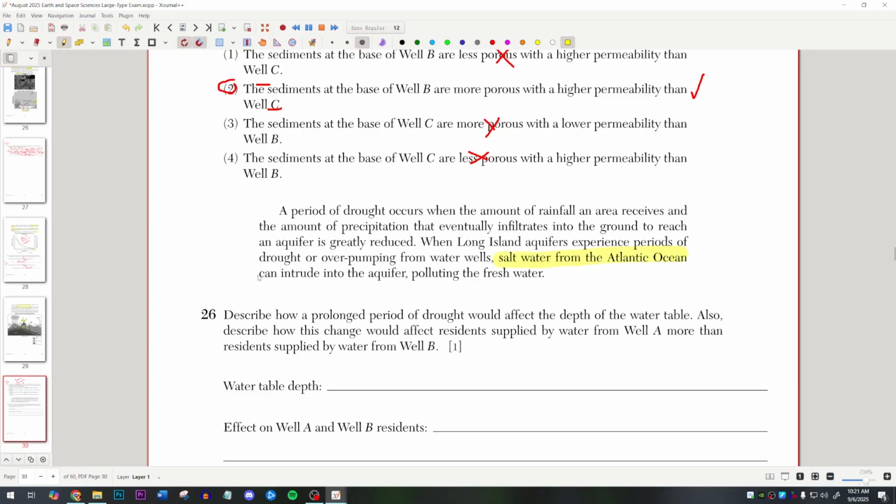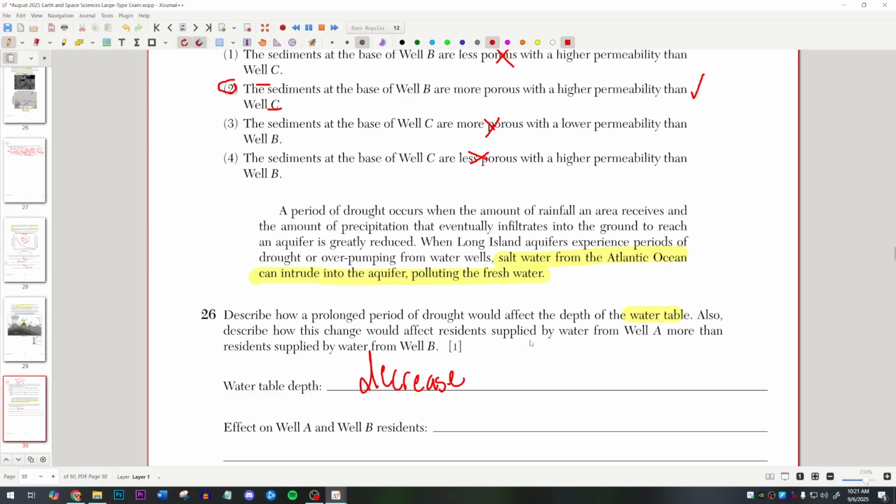So they're pretty much saying a drought can make water from the Atlantic Ocean get into the aquifer. Describe how a period of drought would affect the depth of the water table. First of all, the water table is how high the water level is underground. So if there's no rain, that water table is going to go down. It's not going to be built up as high.